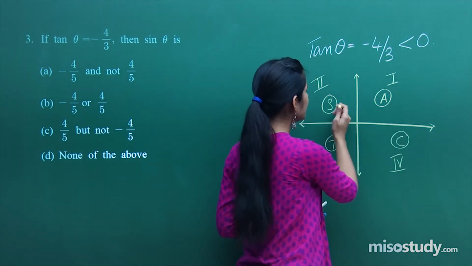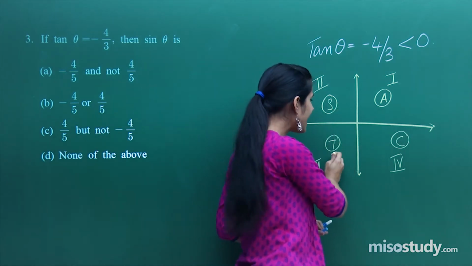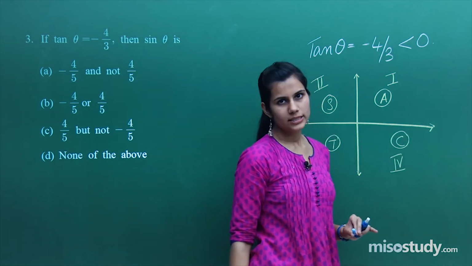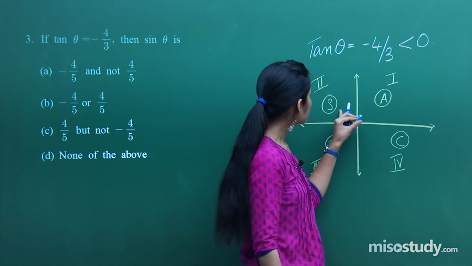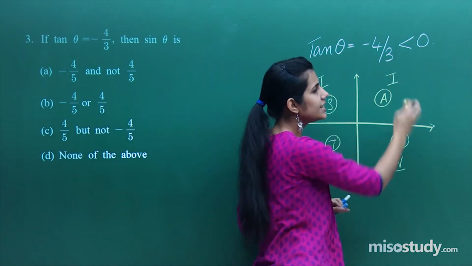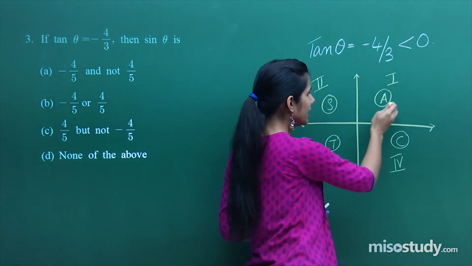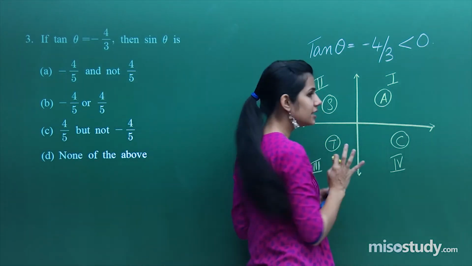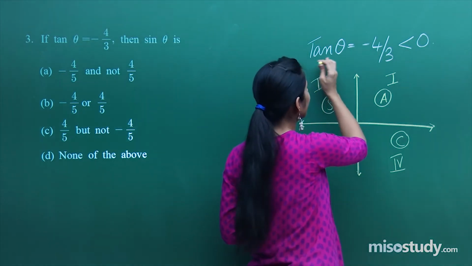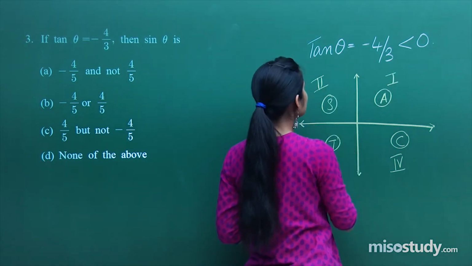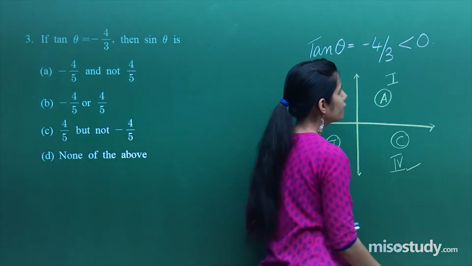All positive, sine positive, tan positive, cos positive, right? So over here, if tan theta is negative, see, tan is positive in the first and third. In the first, all are positive. In the third, tan is positive. That means if tan of some theta is negative, theta is lying either in the second or in the fourth quadrant.